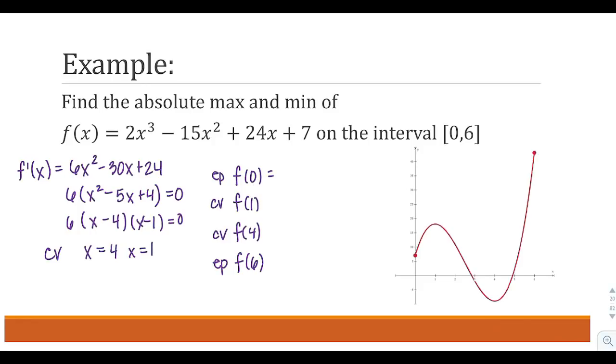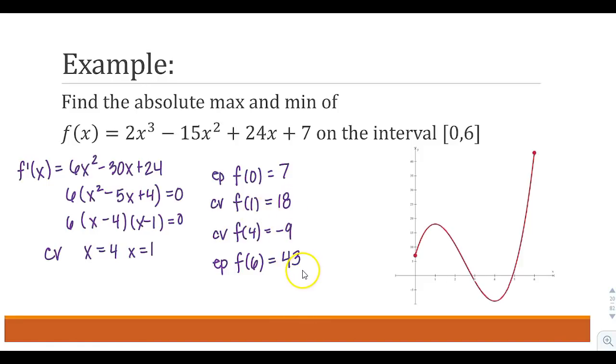When we substitute in 0, all the x's would be 0, so all that's left is the y-intercept 7. When I substitute in 1, I get 18. When I substitute in 4 into each x, I get negative 9. And when I substitute in 6, I get positive 43.